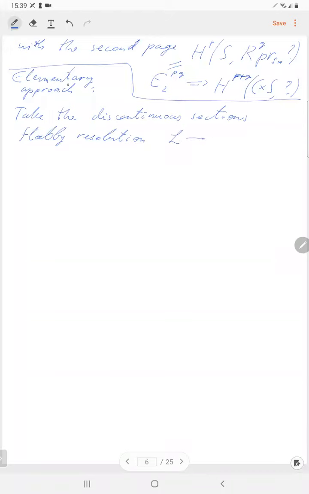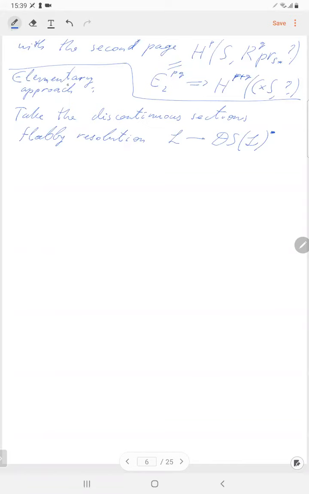L goes to these discontinuous sections of L like this on our surface, and then we can compute the higher direct images using these resolutions.